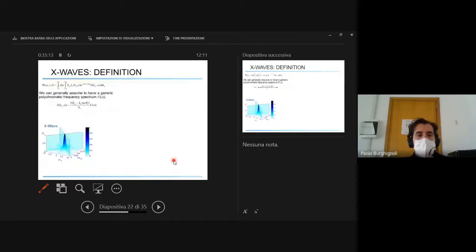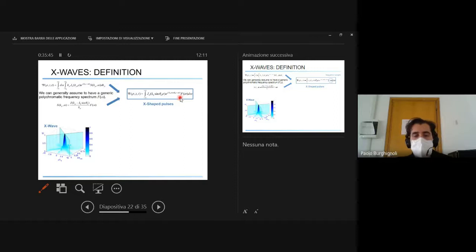Okay, let's now switch to the part that is related to X waves. As we have seen before, basically X waves are the polychromatic version of Bessel beams. So if you allow the frequency spectrum to no longer be a Dirac delta function, but a more complex distribution, you obtain an X-shaped pulse, generally, if this spectrum is anything but a Dirac delta function.